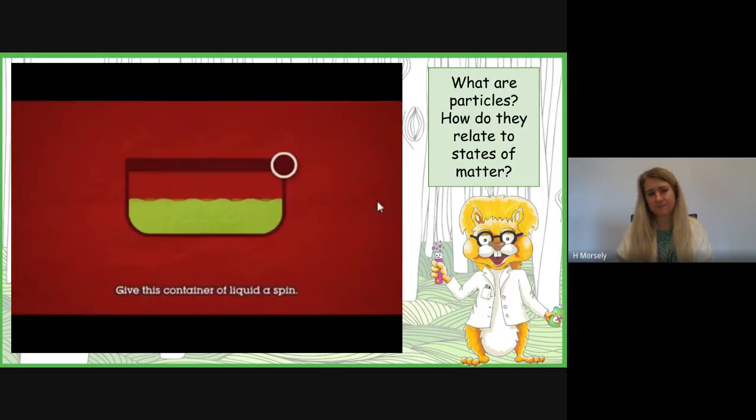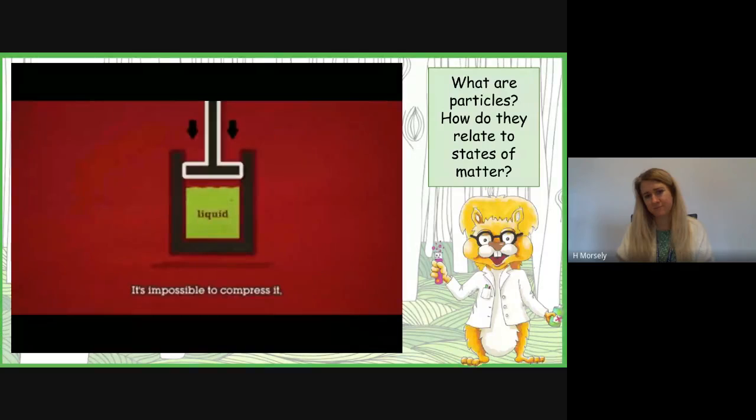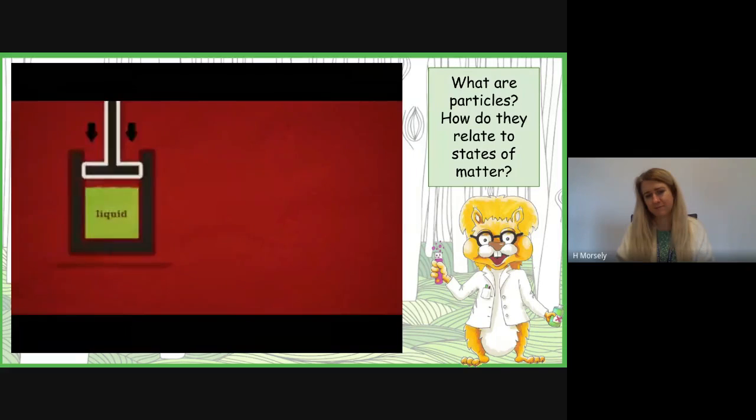Give this container of liquid a spin. The particles flow, but the strong bonds mean the particles mostly stay together. You know what to do. Give it a plunge. It's impossible to compress it. That's because the particles are so close together.